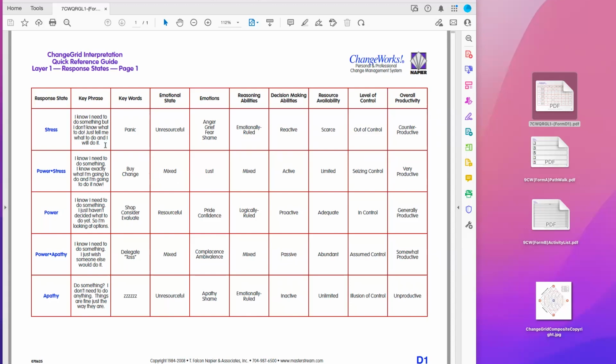And so it's also quite possible when we're working with a client that it may take multiple sessions just to help them find their own power again, to help them find that resilience to bounce back from this, so they can start to look at the situation more objectively, etc. We do know that people up in stress have, as the hallmark of the stress response state, a distortion of reality.